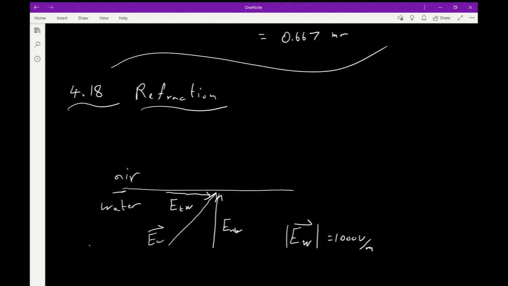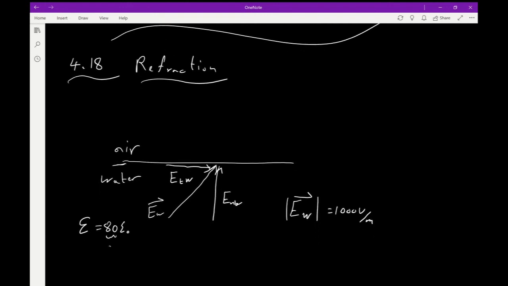And then the permittivity of water is 80 times the permittivity of air. That means that the relative permittivity of water is 80. So epsilon R of water is 80. Okay. So let's call this theta W. Right? And then the field, when it leaves the water, it changes angle. So this is air, EA. And again, this will have a tangential component ETA and an ENA.